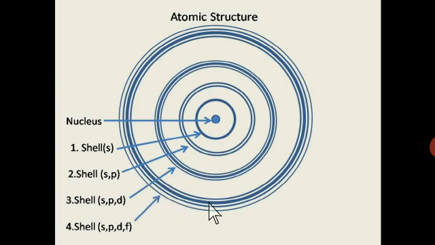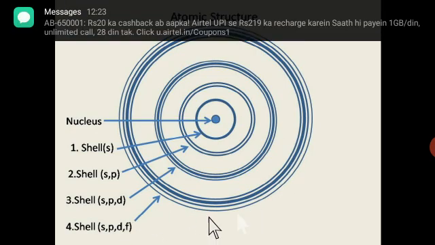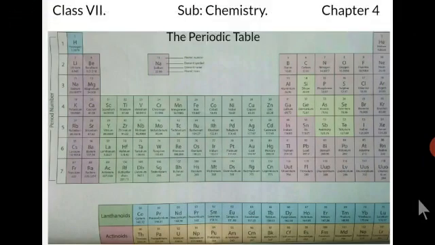And if the outermost electrons are there in the F subshell, then these elements will be arranged here as F block elements. These are known as F block elements, and they are separated here at the bottom of the periodic table.